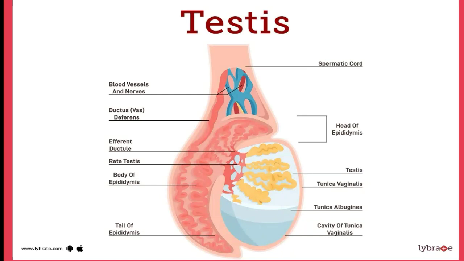The vas deferens opens into the urethra along with the ducts from a seminal vesicle known as ejaculatory ducts. The ejaculatory ducts store the sperm and transport them to the outside. The urethra starts from the urinary bladder and extends through the penis and opens via the urethral meatus.